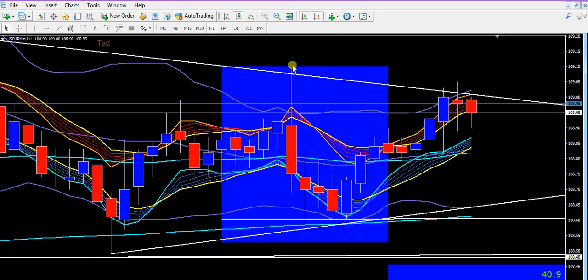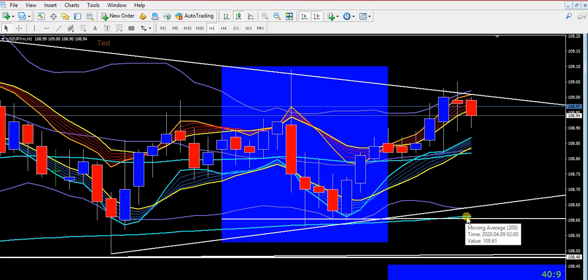This is the 1 hour time frame. Price is above the middle Bollinger Band, above the moving average 200 and above the moving average 50.